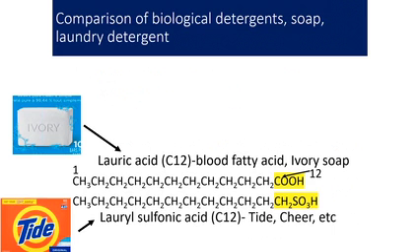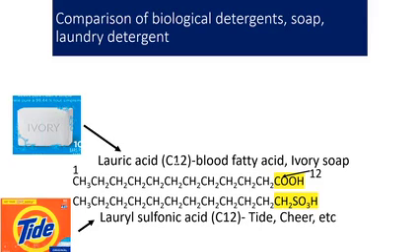So I want to show what the biological detergents are. So I'm comparing soap. Ivory, you can see here on the ad, 99.44% pure. And Ivory is made up of a fatty acid that's present in your body and around your waist called lauric acid.